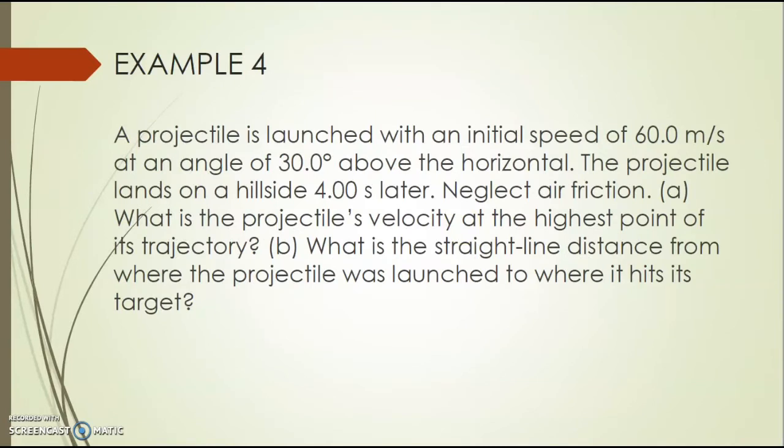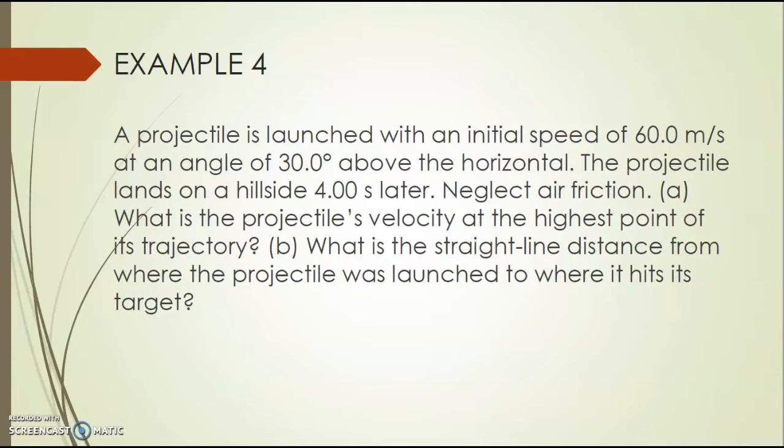Example number 4, the projectile. A projectile is launched with an initial speed of 60 meters per second at an angle of 30 degrees above the horizontal. The projectile lands on a hillside 4 seconds later. Neglect air friction. A. What's the projectile's velocity at the highest point of its trajectory?